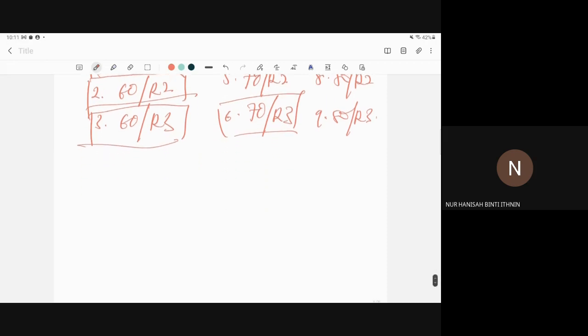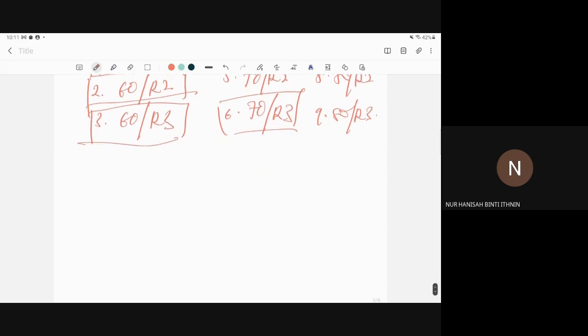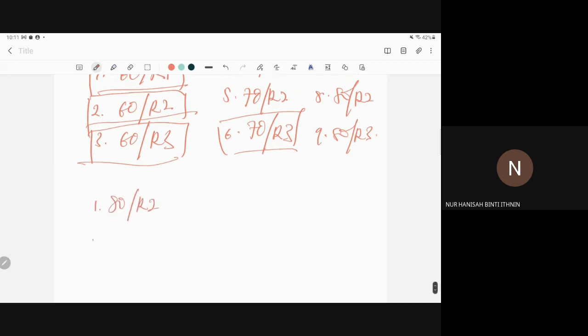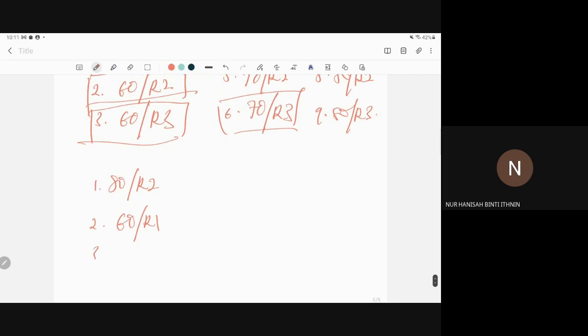When you pick one, for example, what comes up is 80 rep 2. Pick another one, 60 rep 1. Another one, for example 60 rep 3.